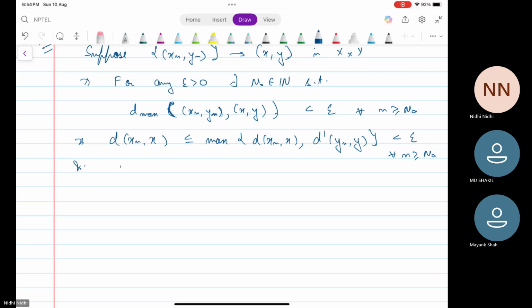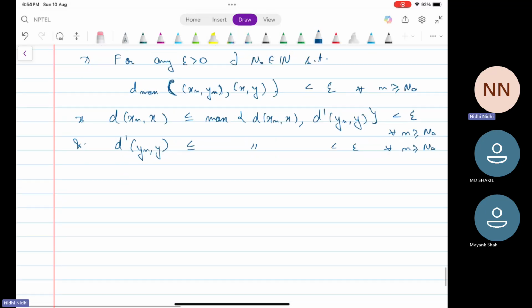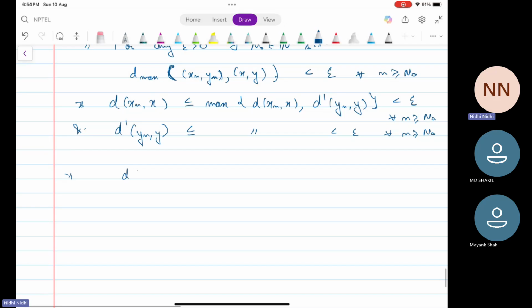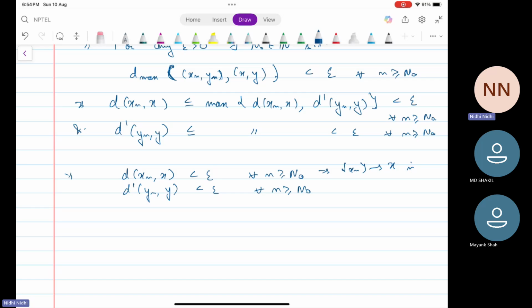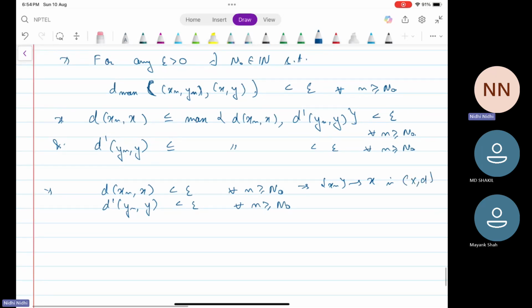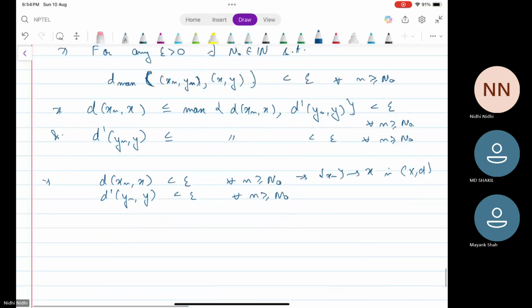Similarly, d prime(y_n, y) is less than or equal to the maximum, which is strictly less than epsilon for all n greater than or equal to n naught. From here, we get d(x_n, x) is less than epsilon and d prime(y_n, y) is less than epsilon for all n greater than or equal to n naught. Now this implies x_n converges to x in (X, d), and this implies y_n converges to y in (Y, d prime).